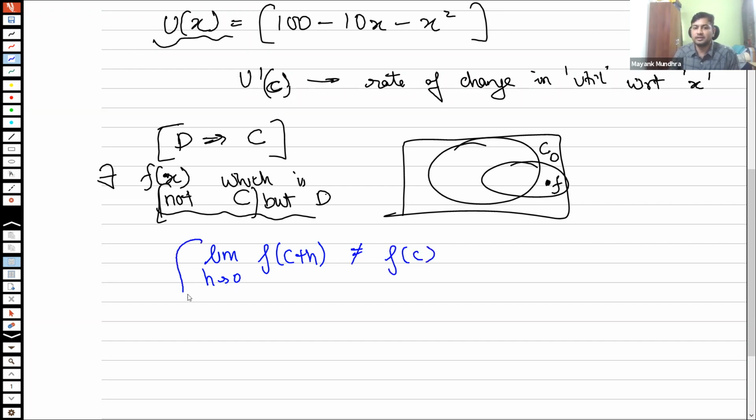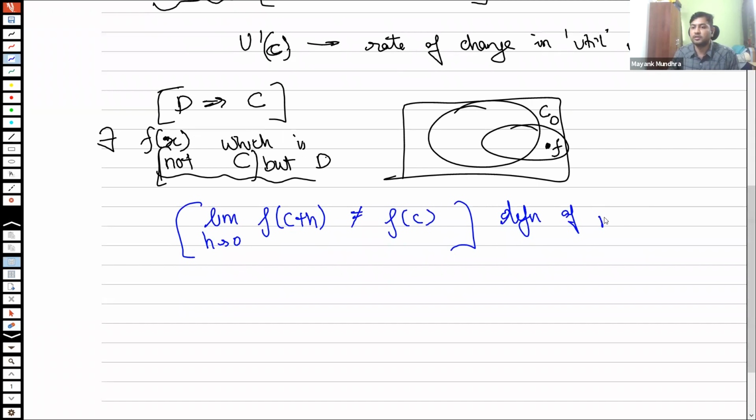This is the definition of continuity. If I put a not equal to sign here, this becomes non-continuity. So now this function f is non-continuous.